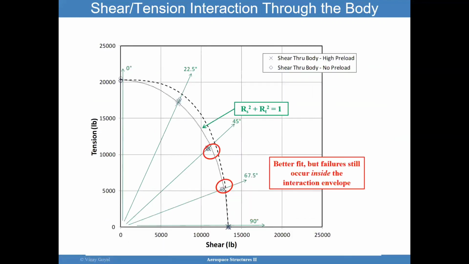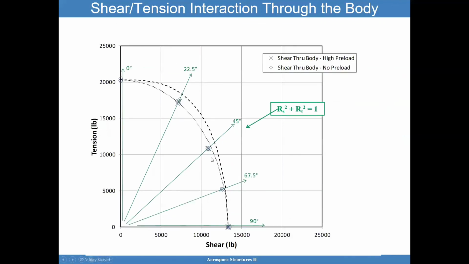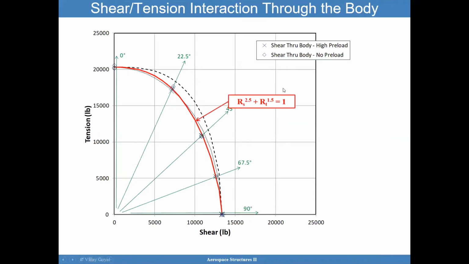Here as well, shear tension interaction through the body. Here, you may not have had a good curve fit. It was not perfect, but with R squared, it got a little bit better. But you still have outliers that happen inside the curve that we're looking at. Again, preload has very little effect.